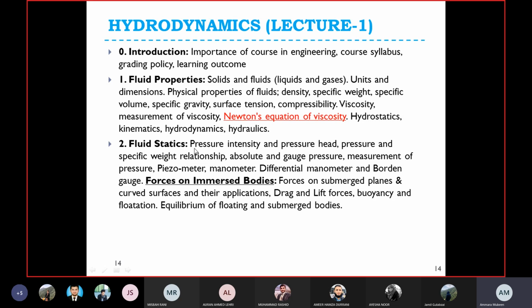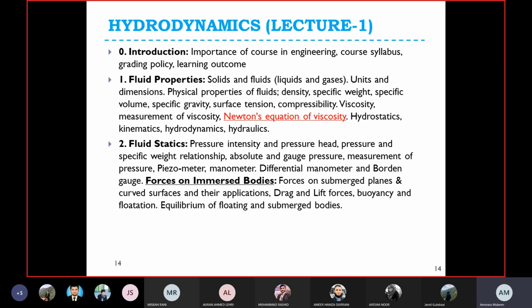So all the laws which are included in this fluid statics would be discussed in the topics, and the knowledge of fluid statics is very essential prior to the knowledge of fluids which are flowing. Okay, because the bases are the laws of fluid statics.